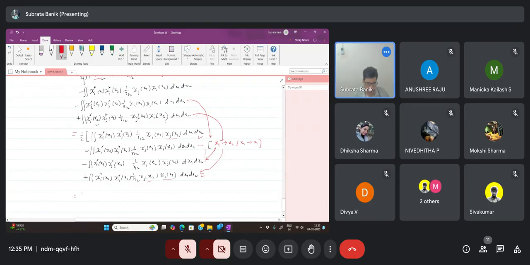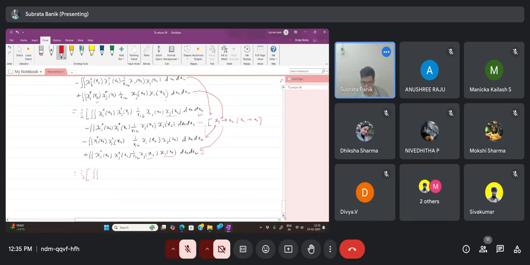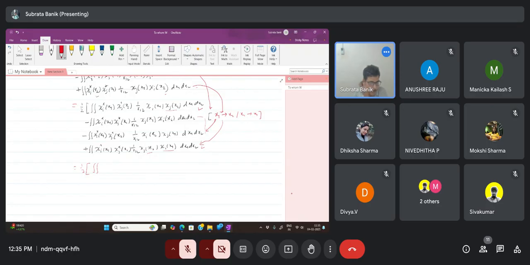So I can write it as half, double integration, we have chi i of x1, chi j of x2, 1 by r12. You should write 2 into, right?